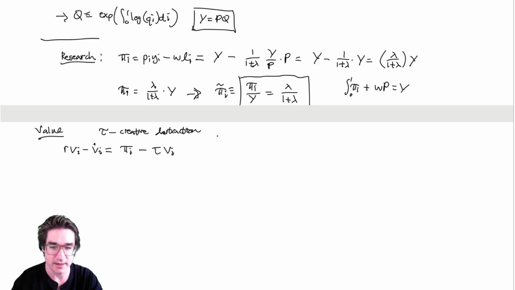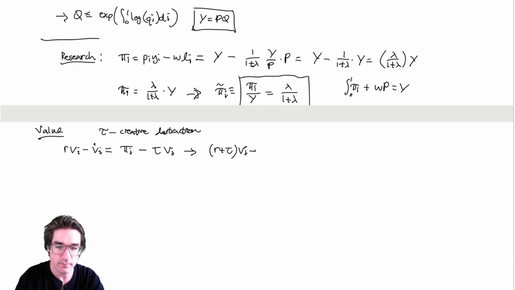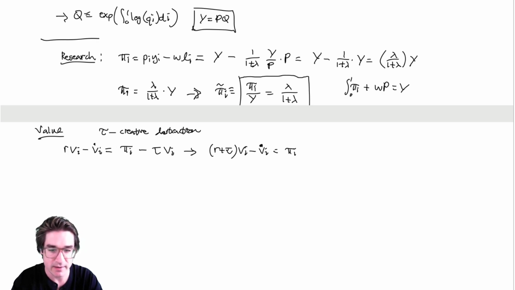If you rearrange things, that's going to look like r plus tau times V_i minus V_i dot equals pi_i. So what the tau does is it modifies your effective discount rate, which makes sense. It's just like the death rate. If you put in a death rate for a consumer utility, it ends up modifying the discount rate. Here it modifies your effective discount rate.